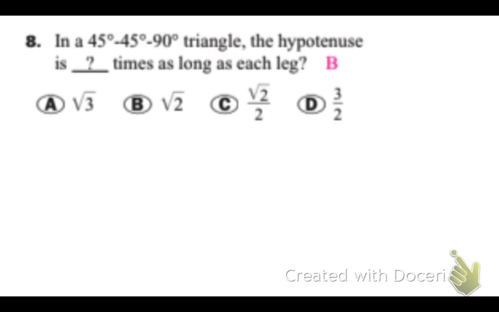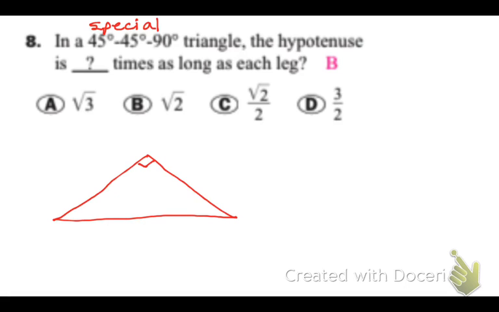My notes here. Okay, it says, in a 45-45-90 degree triangle, remember what we talked about at the very beginning, here's your special triangle. The hypotenuse is how many times as long as each leg? So you remember a 45-45-90. This is 90, this is 45, this is 45.